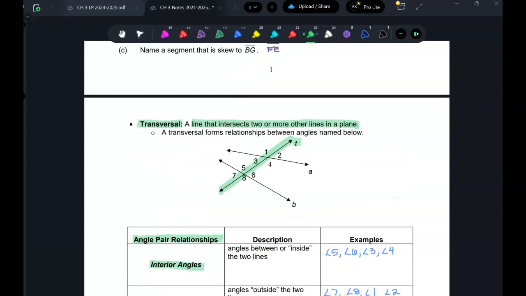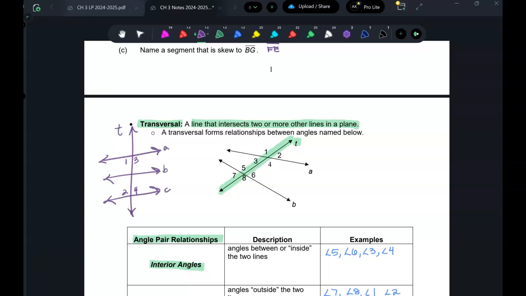Okay, so let me give you a quick example. What if I gave you 3 lines, and this would be my transversal, right? So 1, 2, 3, and 4 would still be considered interior angles.